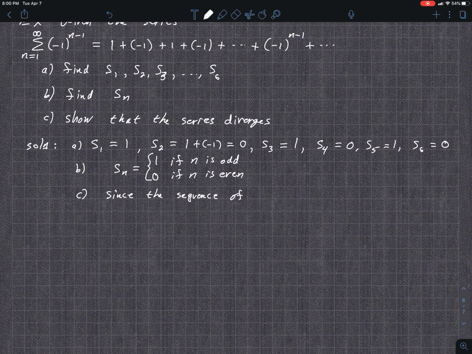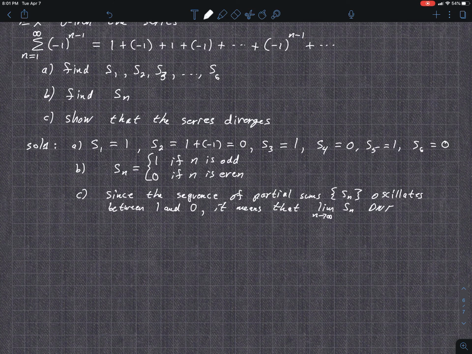So since the sequence of partial sums, which is S sub n, oscillates between 1 and 0, it means that the limit of S sub n as n approaches infinity does not exist.